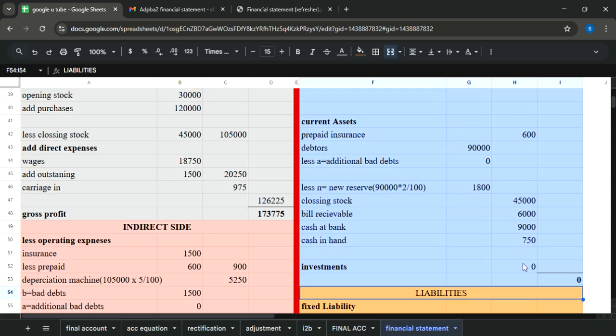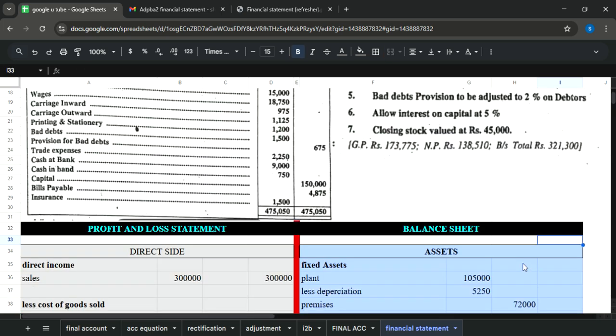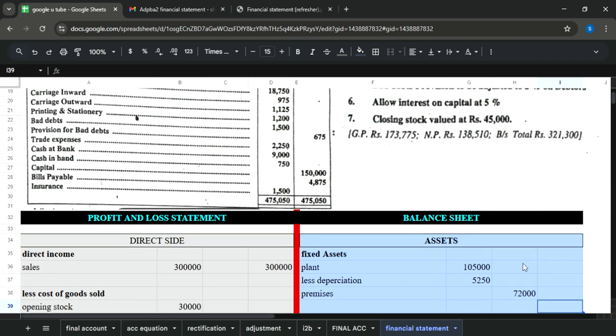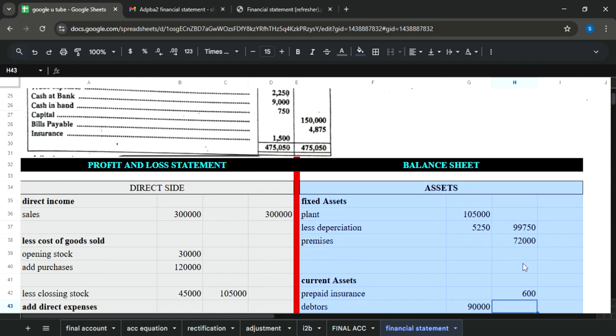We are now ready to calculate our asset side. So first step is to see if there is any adjustment. Here was your plant minus depreciation. In this way you can calculate your fixed asset. You may take sum over here. There were two fixed assets, plant and premises.